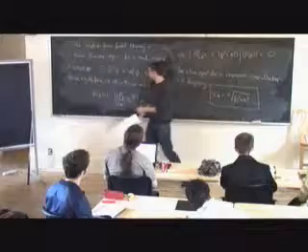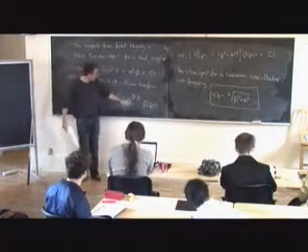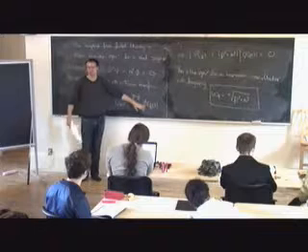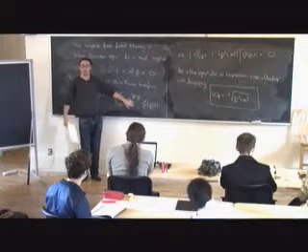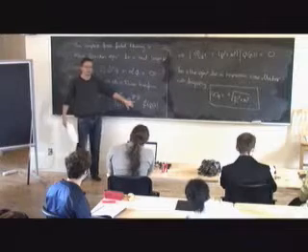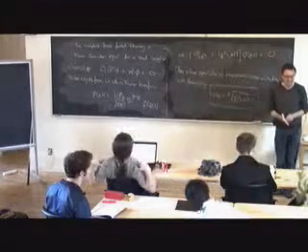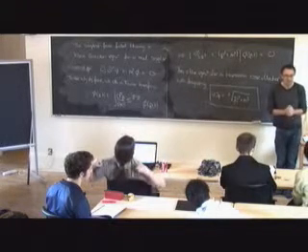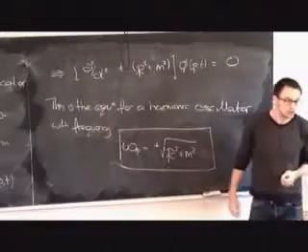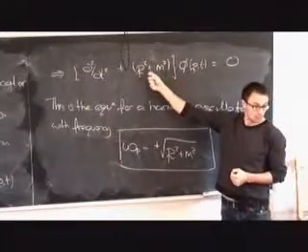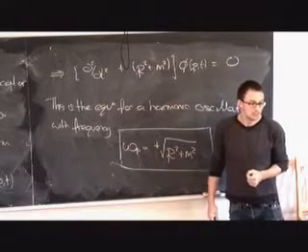To find the most general solution for phi of x, you add them all together with arbitrary amplitudes, whatever amplitude you like, and integrate to do the inverse Fourier transform. This is my definition of omega p. What sits in here is omega p squared, so I'm defining omega p to be the positive square root. It'll be useful.